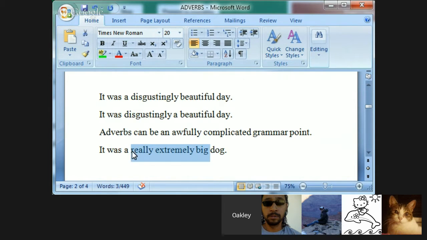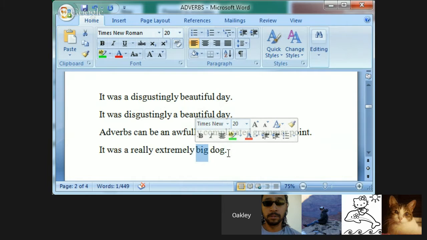He's used an adverb to modify an adverb, which is in turn modifying an adjective. All right, so he has adverb, adverb, adjective. No problem, you can do this. This "really" is modifying "extremely." "Extremely" is modifying "big." "Big," as an adjective, is modifying "dog."